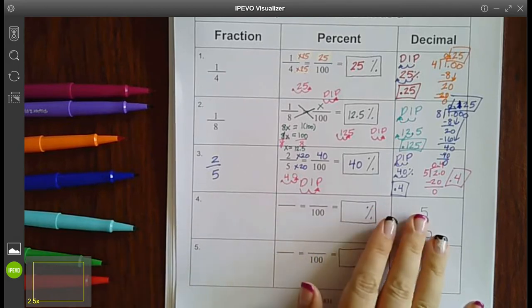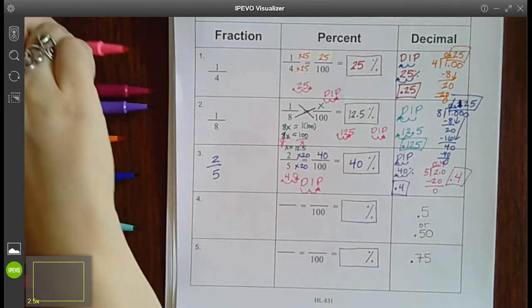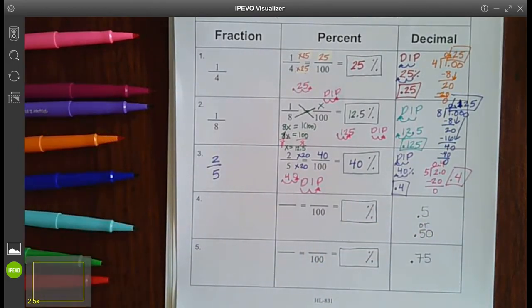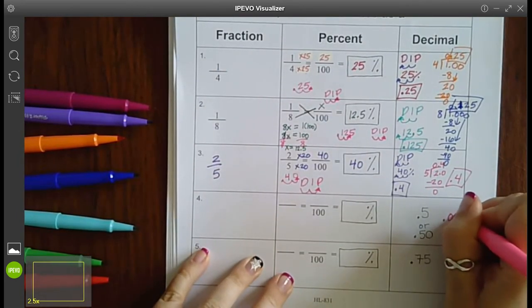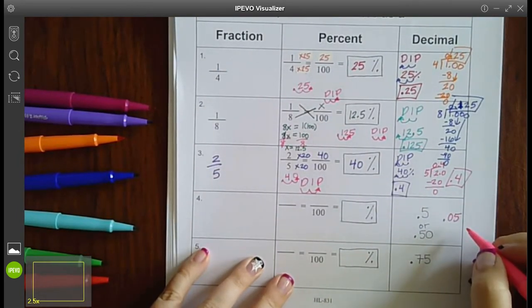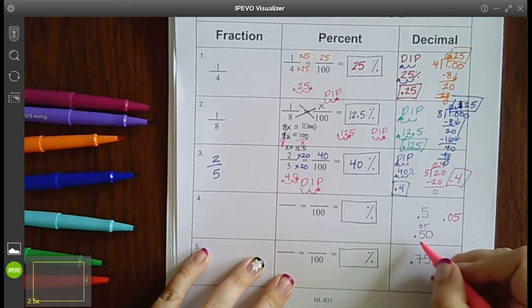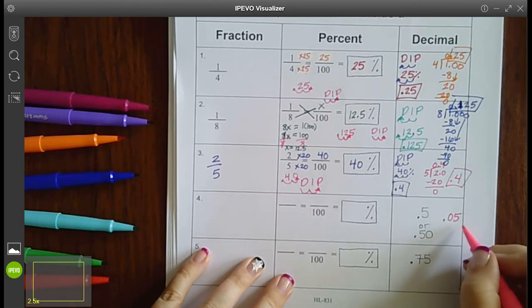So let's take a look at this one. It says 0.5 or 0.50. Those are saying the same thing. However, this is not saying the same thing. 0.05 is not, because think about it. This is 50 cents. This is 5 cents.